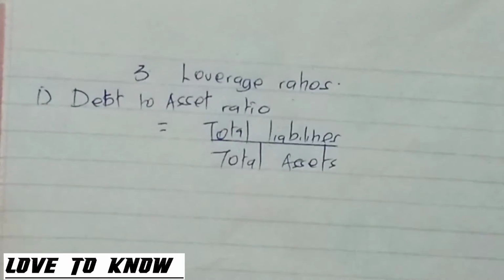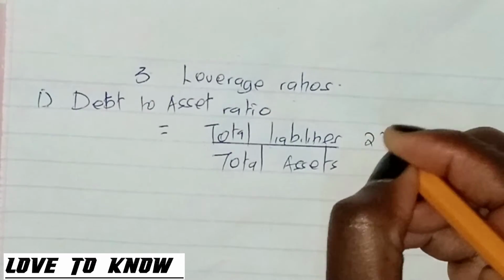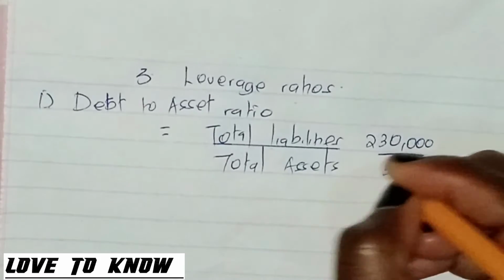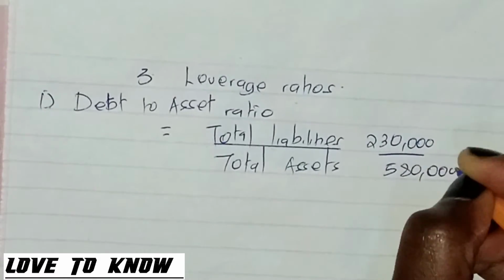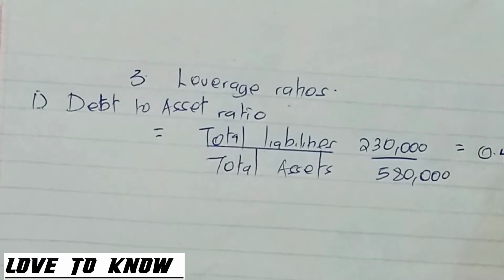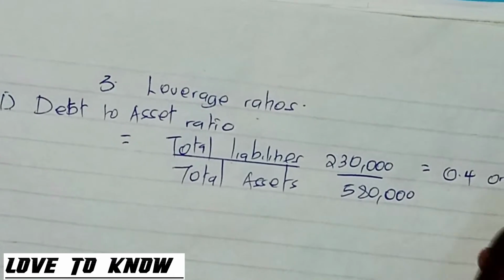From the question, the total liabilities is 230,000 divided by the total assets, that's 580,000. It gives a ratio of 0.4 or 40%.